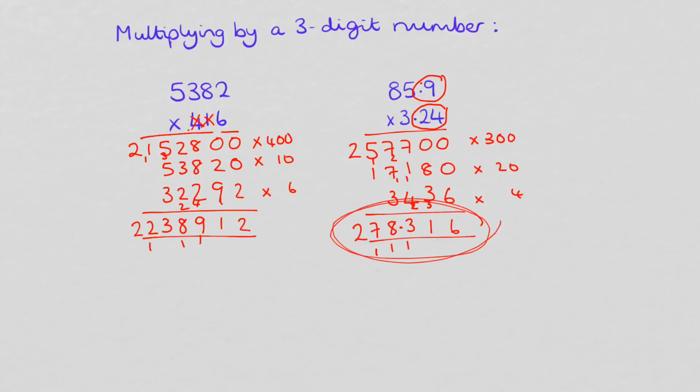So if the decimal point was anywhere else, it wouldn't make sense. It couldn't be 27 point something because that's nothing like 240. 278 is the right sort of size. 2,783 would be far too big. So when you've got about 80 times about 3, you're going to need about 240. And that can help you see that you've got your decimal point in the right place.